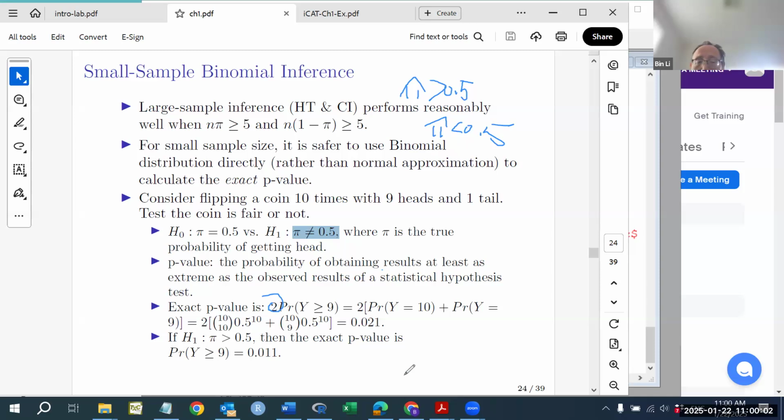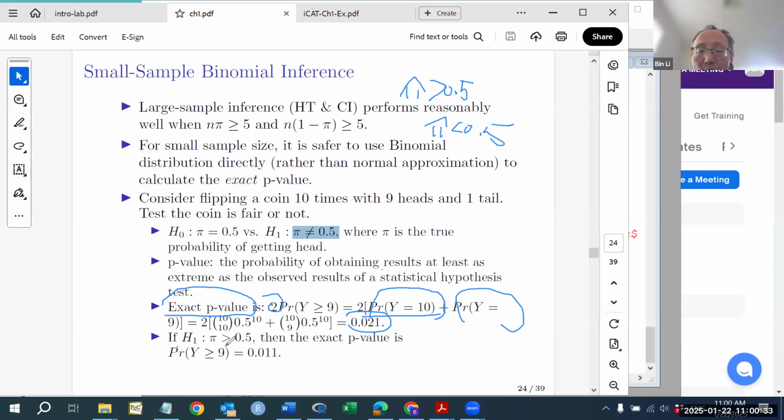So in this case, it's 2 times the probability of having all 10 heads plus the probability of 9 out of 10 heads, right? So that's the exact p-value because we don't rely on any approximation. And that will be 0.02.